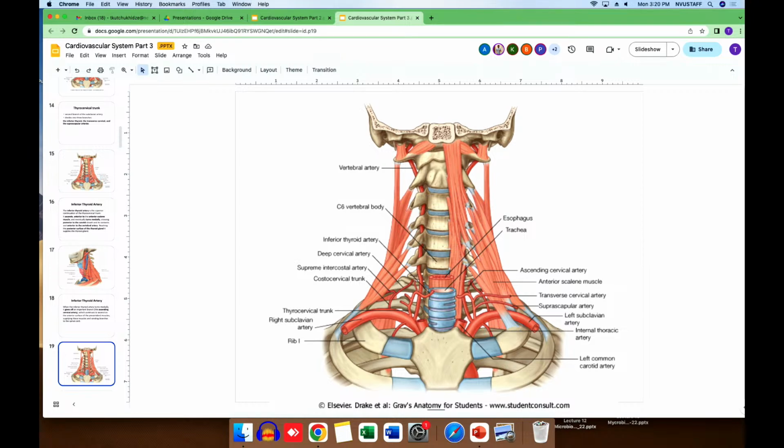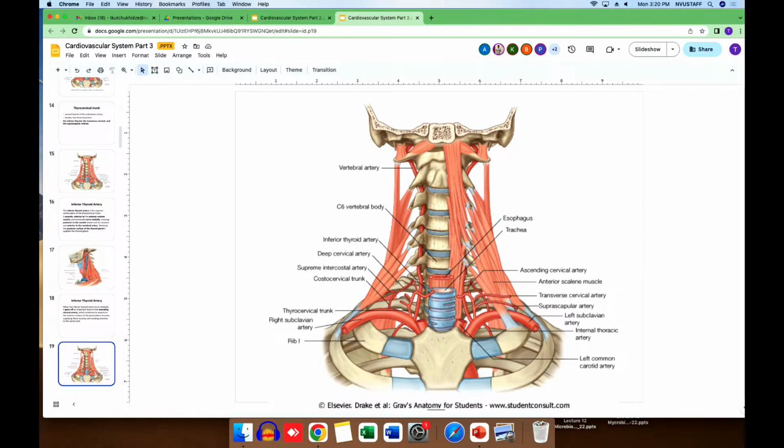The subclavian artery's first branch is the vertebral artery. After that, we are having our thyrocervical trunk, which itself branches out, right? The first branch of our thyrocervical trunk is our inferior thyroid artery, which in turn also gives us the ascending cervical artery, right?